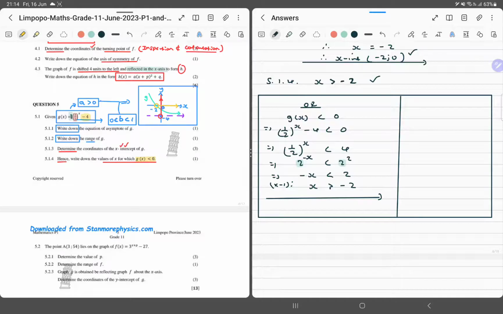Now let's say we want to take this and say, fine, this is (1/2)^x - 4 is less than 0. Now what do we do here? We simply take this expression, we put it on the table, but now it's all alone. So what we're going to do here, we're just going to work out on the number line.